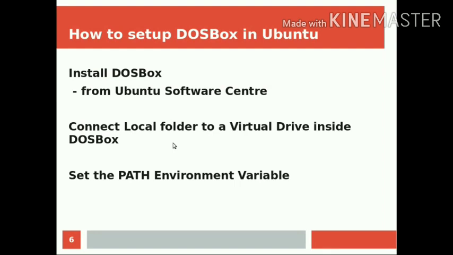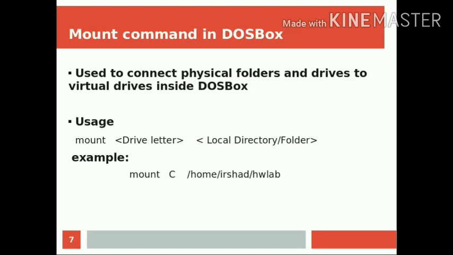We will first create a virtual drive inside the DOSBox, and then connect that virtual drive with our local folder, in our case hardware lab. The command used for that purpose is the mount command. We can use it inside our DOSBox. This is used to connect physical folders and drives to virtual drives inside DOSBox.